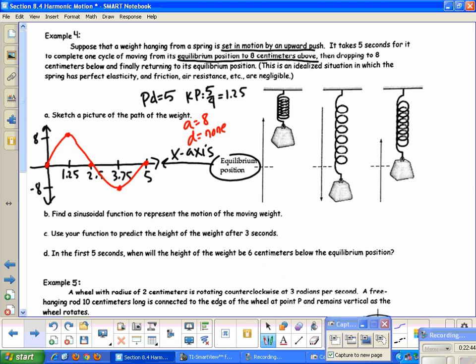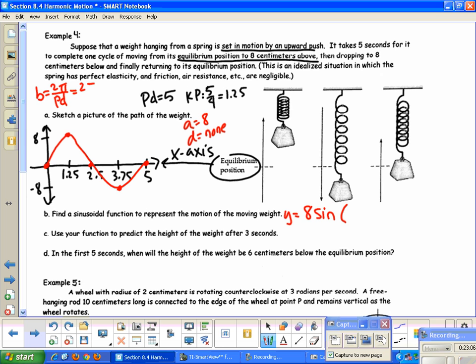So we have y equals my amplitude, which is 8, times the sine, because it's starting on the x-axis and then going up, of my b value. Well, we haven't found our b value yet. We have the period, which is 5. So to find my b value, remember it's 2 pi divided by the period.